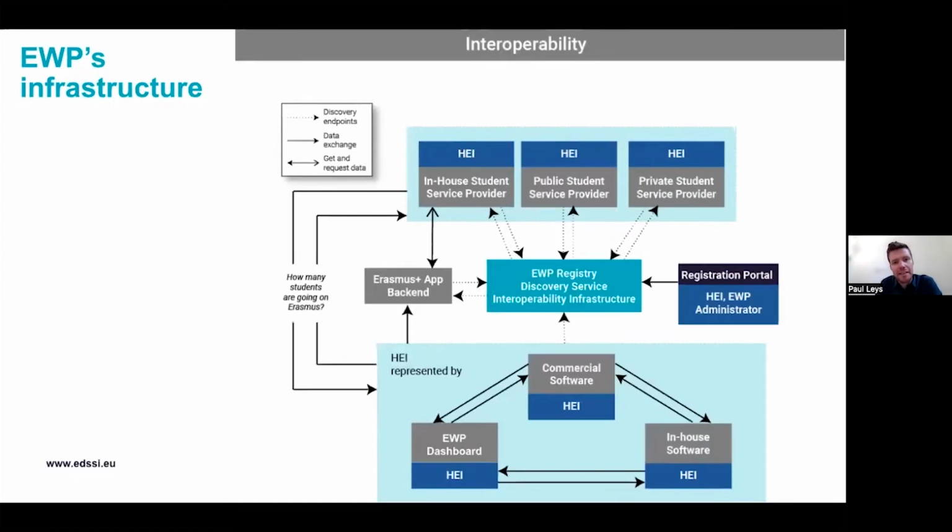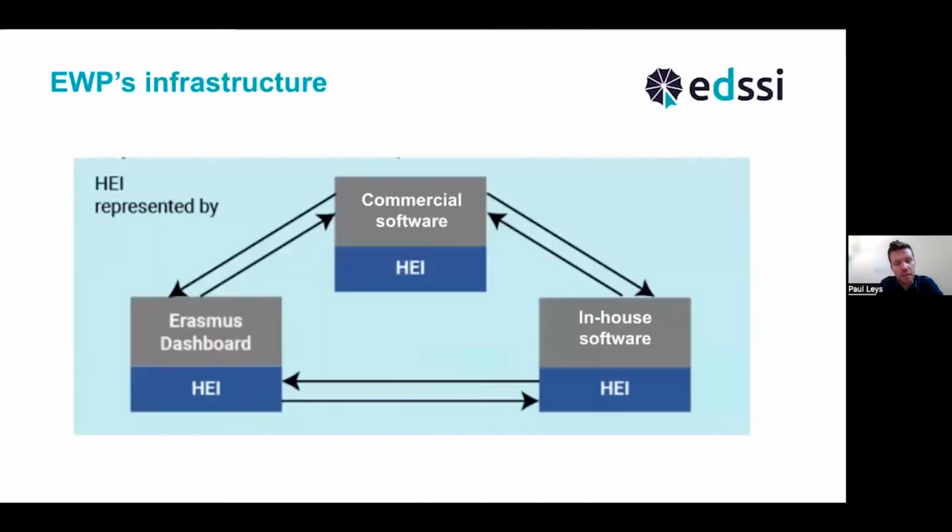So once again, looking back at what Anikó explained, this is about EWP and interoperability infrastructure, where there's a central registry service, but the registry is like a phone book where systems can find how to reach the other system. And what we will zoom into is the 3 use cases.